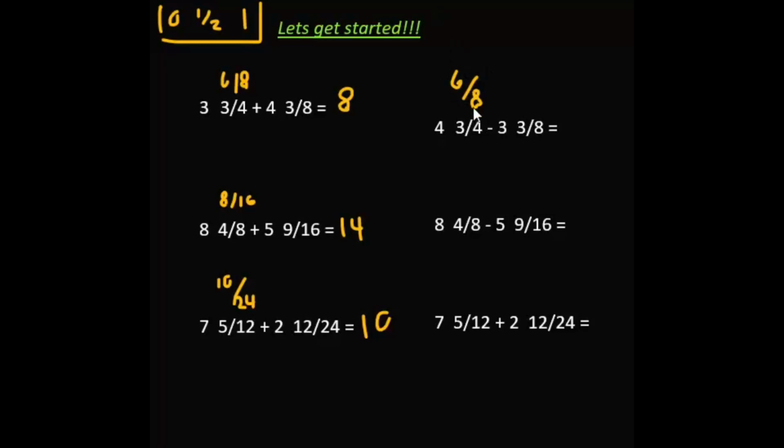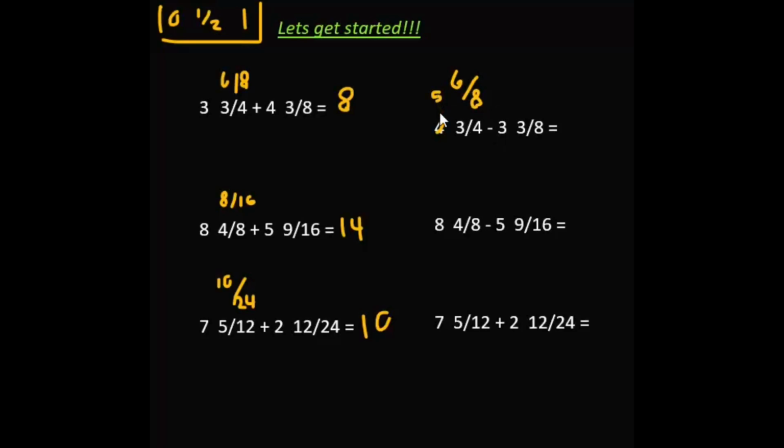Okay, so this is 4 and 1/2. So you know what? Let's just round 6/8 to 1 whole. Okay, so now that adds one more to 4, which is now 5. So it's 5 minus 3 and 3/8. 3/8 is close to half, so let's round it to half. Okay, so now it's 5 minus 3 and 1/2.